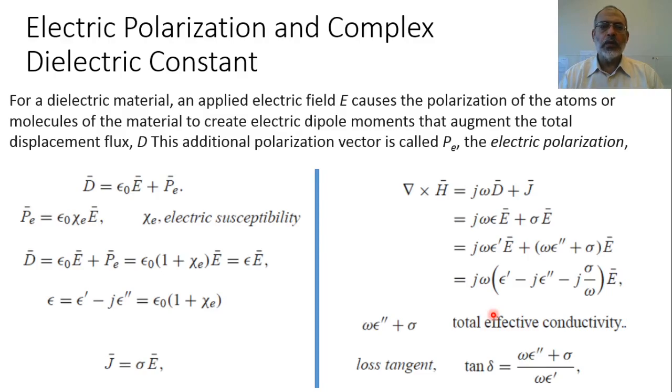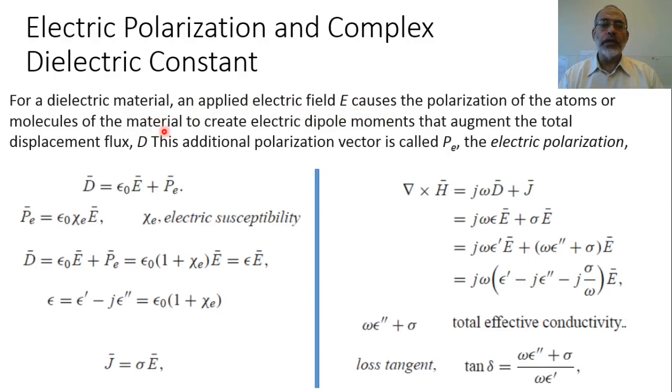Now, what will be the case of the electric flux density and magnetic flux density inside a specific material? Inside any material, the electric field introduces what we are calling polarization. So, for a dielectric material, an applied electric field causes polarization of atoms or molecules of the material.